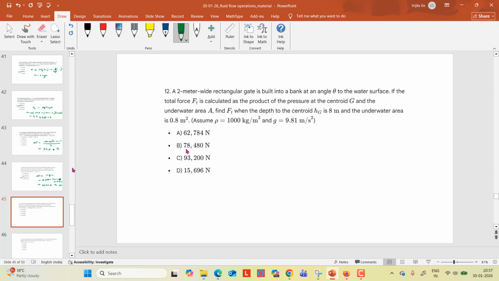If the total force Ft is calculated as the product of the pressure at the centroid G and the underwater area A, find Ft when the depth to the centroid hG is 8 meter and the underwater area is 0.8 meter square.